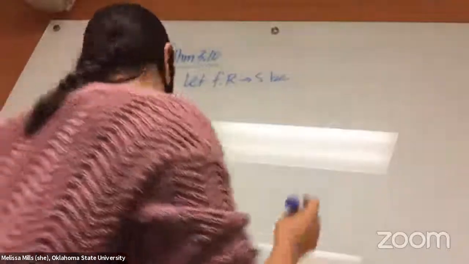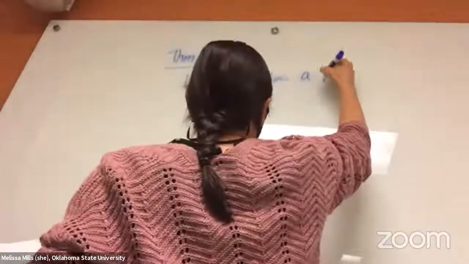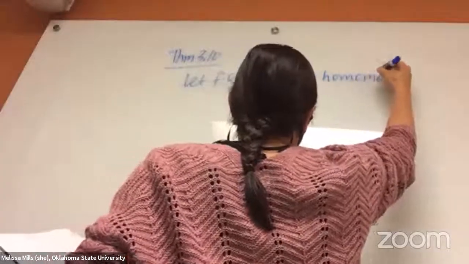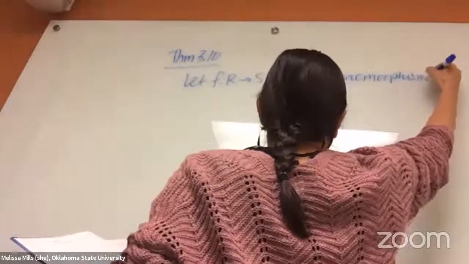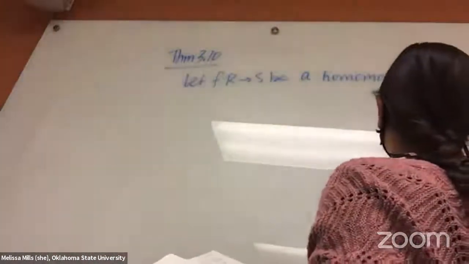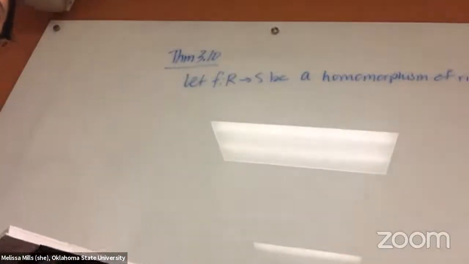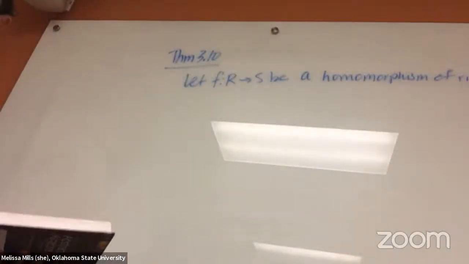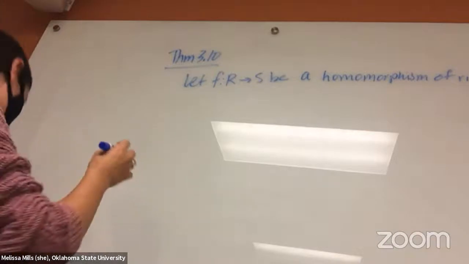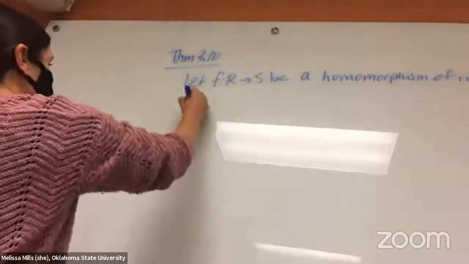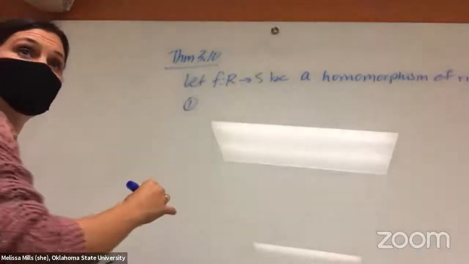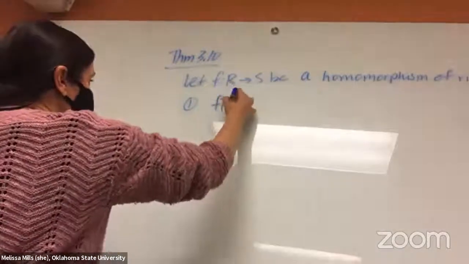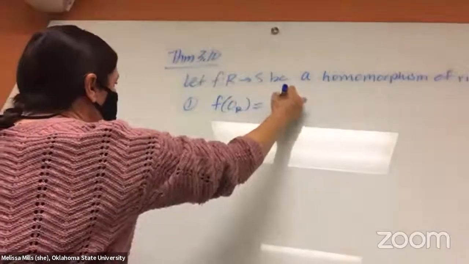So if f from R to S is a homomorphism of rings, I'm going to list some things that we've been assuming to be true because we felt in our gut it must be true. And in fact, they are going to turn out to be true. So the first one is that 0 maps to 0. So f of 0R equals 0S.